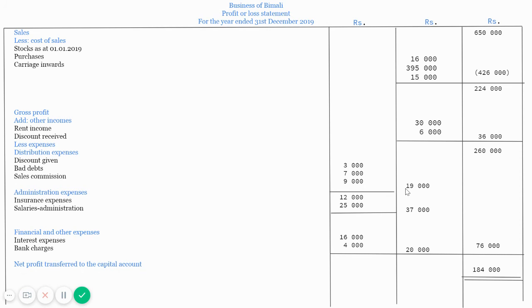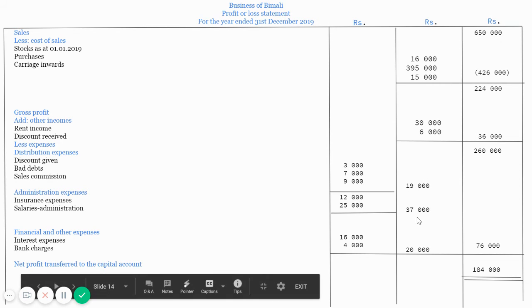When you get the total of all three expenses, you will end up with 76,000. Again, you are going to put it within brackets, which I have missed here, so that you will remember that you have to deduct it. So this must come within brackets, 76,000, the total expenses of the business, right?